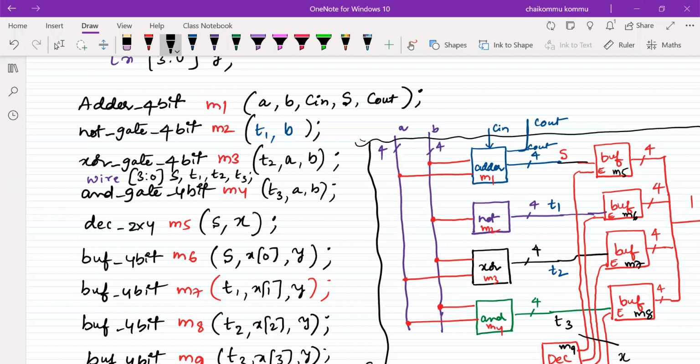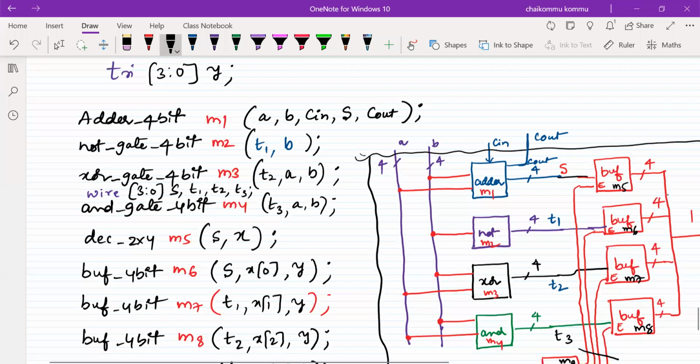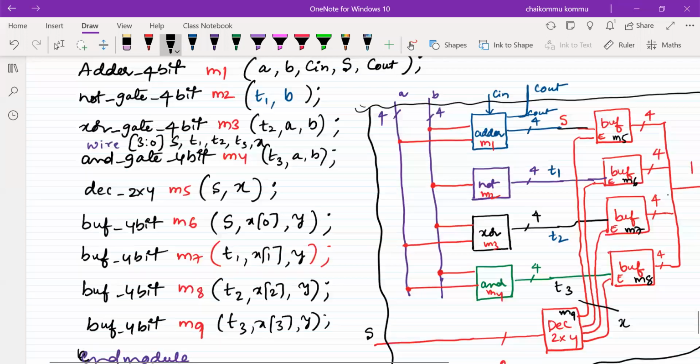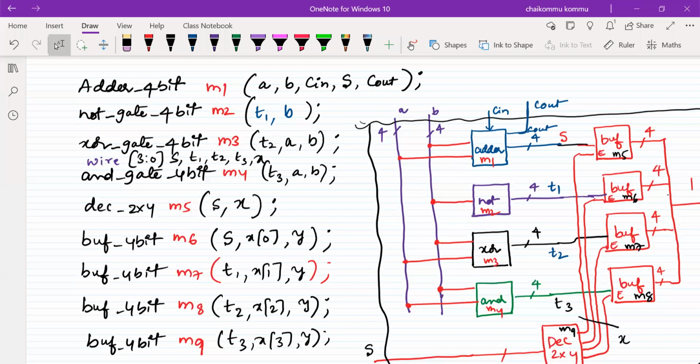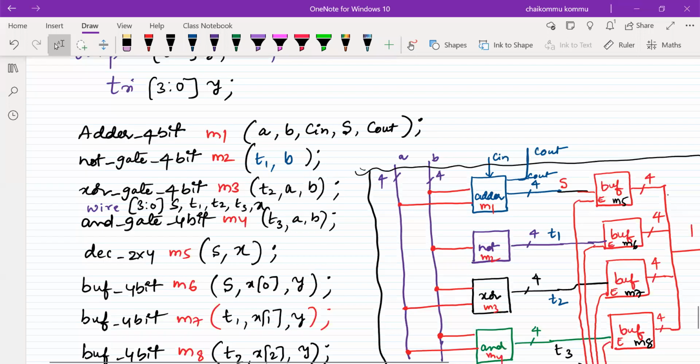X is also there, don't forget to write X. Adder output to S, and this one has the same name.